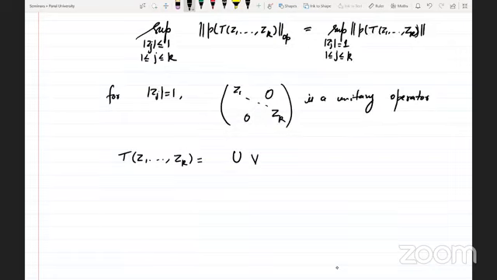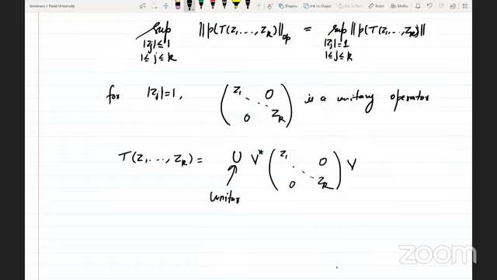It was U V star, and then Z1 up to Zk, 0, 0, and V. This is a unitary matrix. All of them are unitary. U is unitary, V star is unitary. Now this diagonal with Z1 and so on is also unitary, V is also unitary, and a product of unitaries will again be unitary. So finally, this is a unitary matrix.